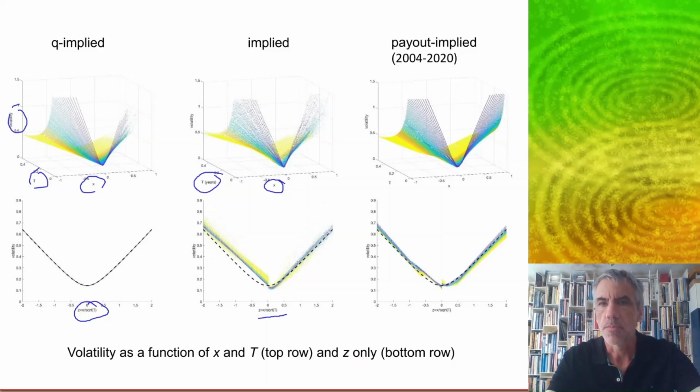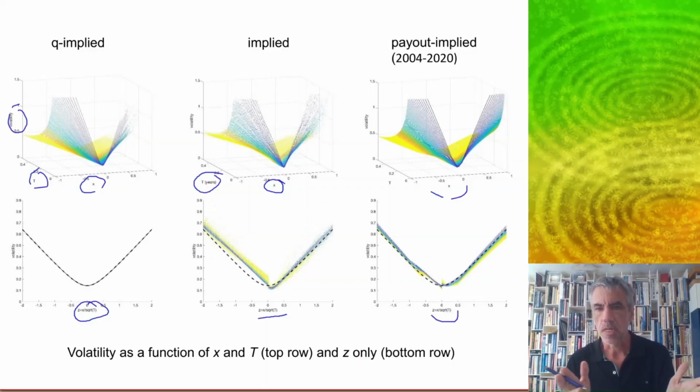And then when we look at payout-implied volatility as a function of x and t, again we get this same shape. So it's like you're seeing the same scaling, the same overall appearance. When you look at it in terms of z, you again get something very close to the quantum model, but with slight differences.